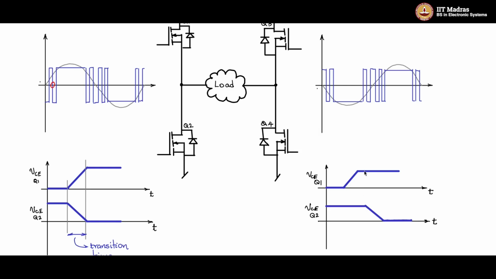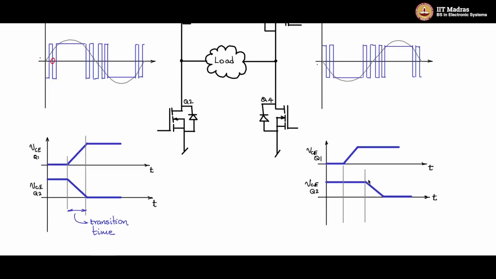And at this point, I am sure that this is in the off condition and therefore there cannot be a shoot through, this is turning on. So there is no time when both are in transition, and there is no time when there is a finite impedance from VCC to ground where there can be a large shoot through. Therefore, this is the time where I initiate turn off of Q1.